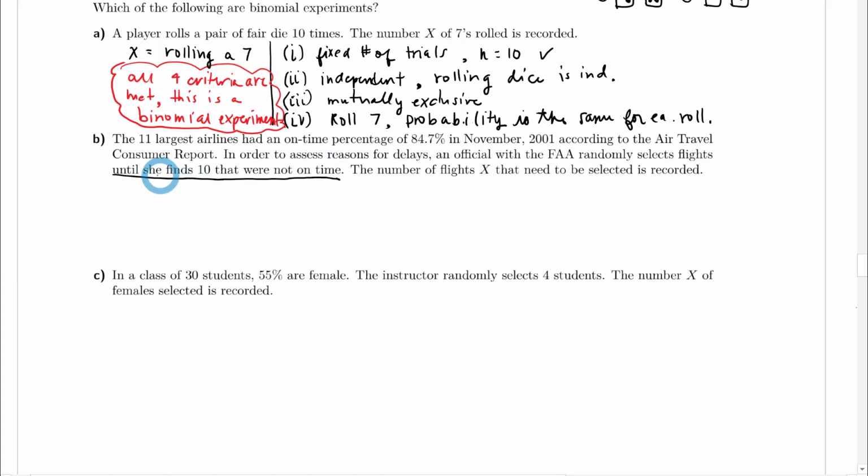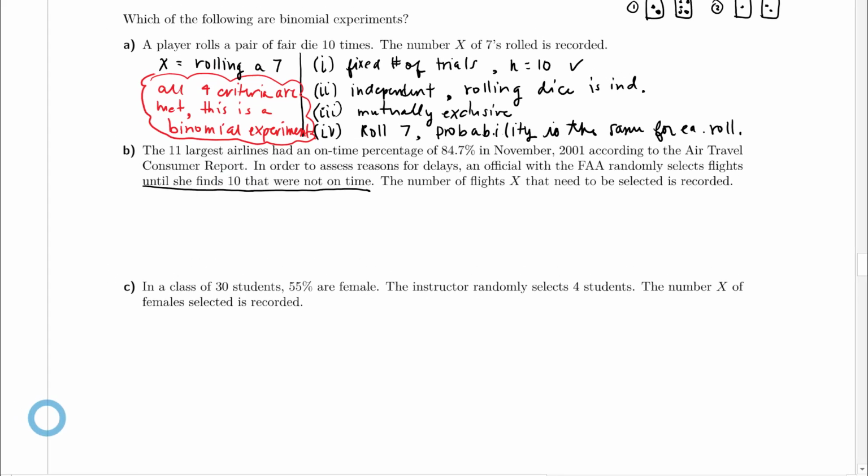So here she's not having a certain number of trials and then observing the ones that were on time from those fixed number of airflights. But she's going to sample until she gets 10. So it's not a fixed number of trials.